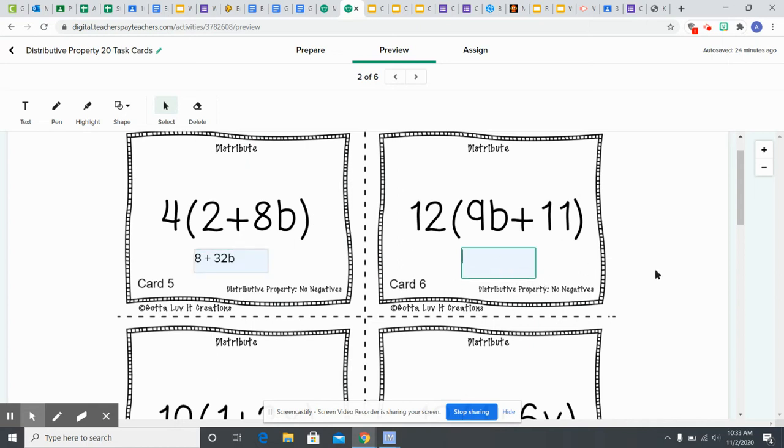All right, let's work on the next one. This one's going to be a more challenging one since we've got bigger numbers. We're dealing with double-digit numbers, but that's okay. So I'm taking 12 parentheses 9b plus 11.